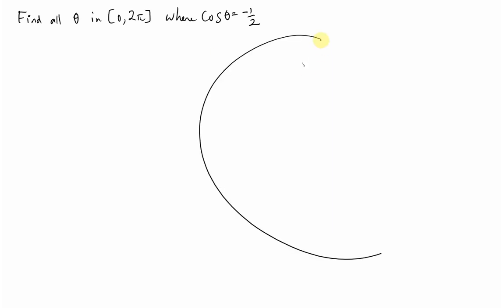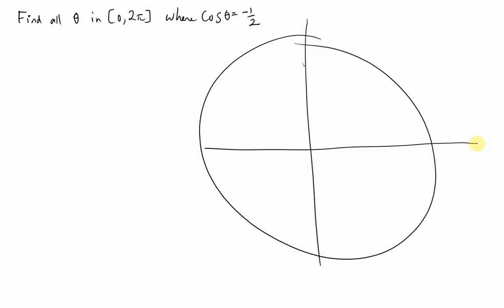Now what we're trying to do is find places where the x-coordinate is equal to negative a half. And there's one right up here, and then there's another point corresponding to an angle down there. So we're looking for an angle somewhere in the second quadrant, and then this quite a bit bigger angle in the third quadrant. And you can do the same sort of thing here.